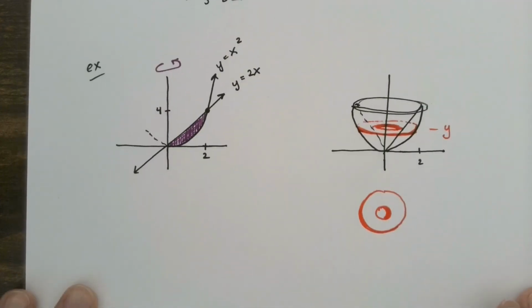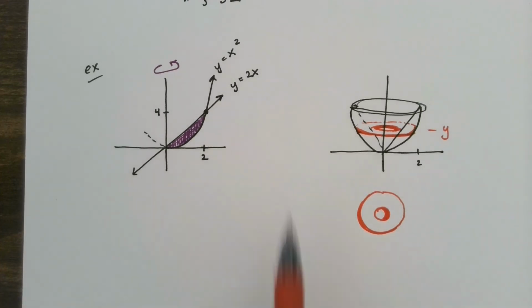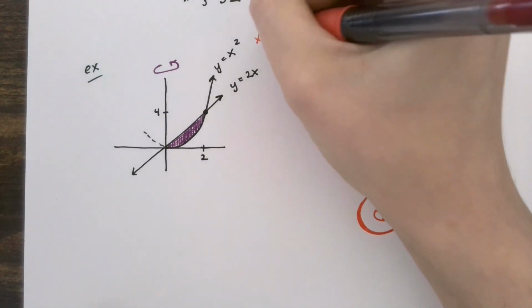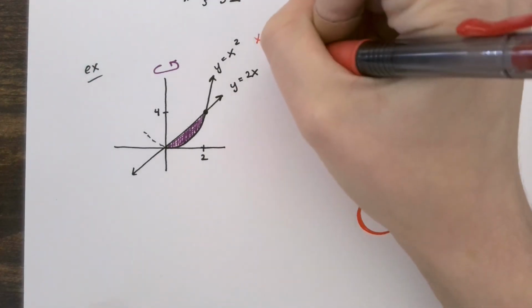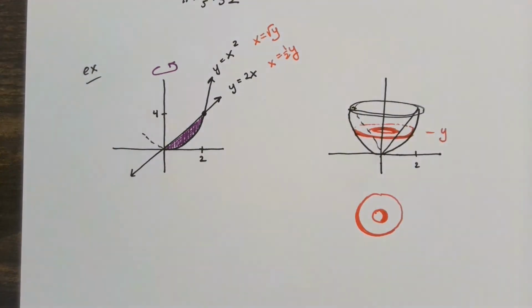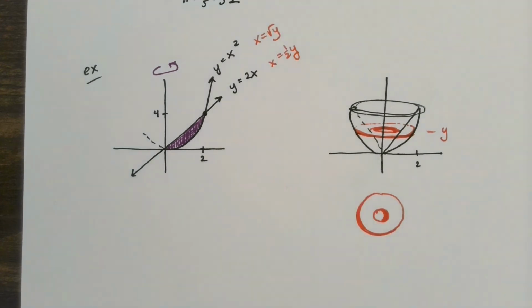I'm going to need something similar down here. So right away, just to make it easier on my brain, I'm going to solve both of these for x. So this one becomes x equals the square root of y, and this one becomes x equals 1/2 y. Just solving them for x. Technically this is plus or minus, but if we're talking a distance, we don't have to worry about that.